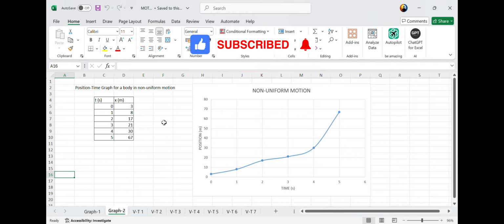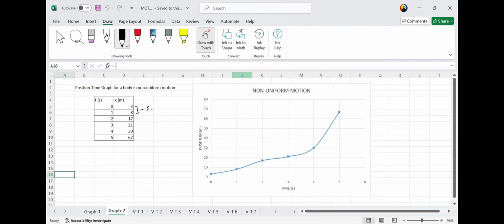So the object covers 5 meters between the time intervals 0 to 1 seconds, then 9 meters between 1 to 2 seconds, then 4 meters between 2 to 3 seconds, then again 9 meters in 3 to 4 seconds, and 37 meters in 4 to 5 seconds. So this is the difference that I'm talking about. See, this is 5 meters, 8 minus 3.